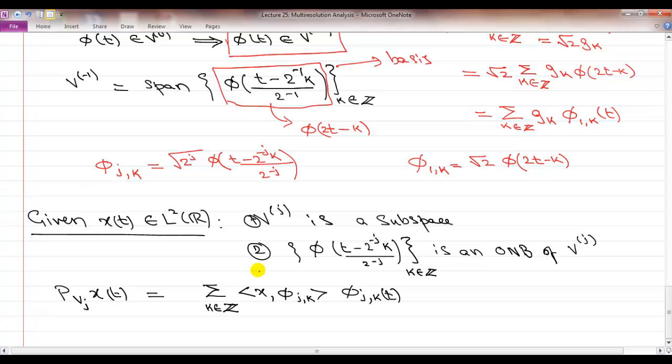In L2R, we have seen that these inner products are given simply by the integration.